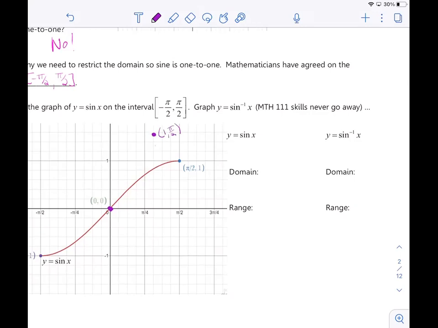And then I got to swap this coordinate, right? So now that coordinate is going to become -1, negative pi over 2. So that's going to go about right here. And we're going to go all the way to right here.